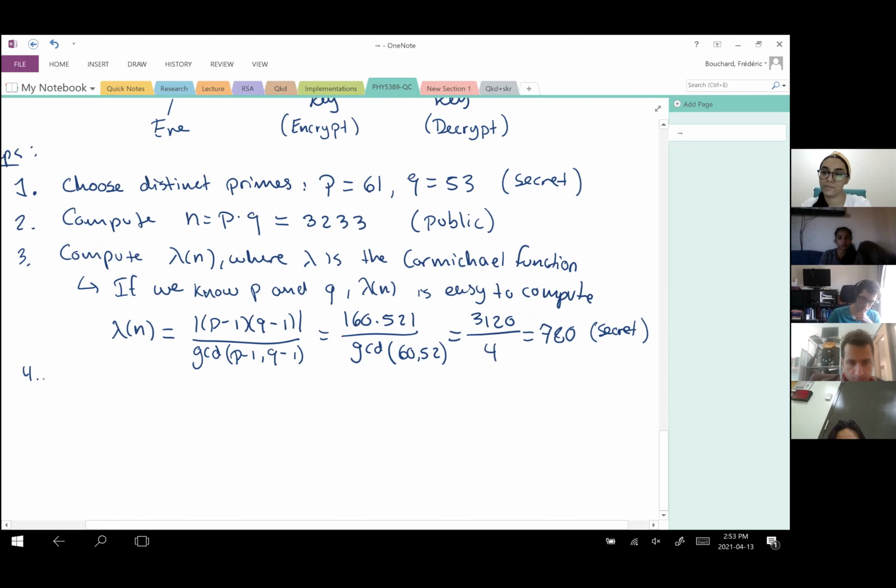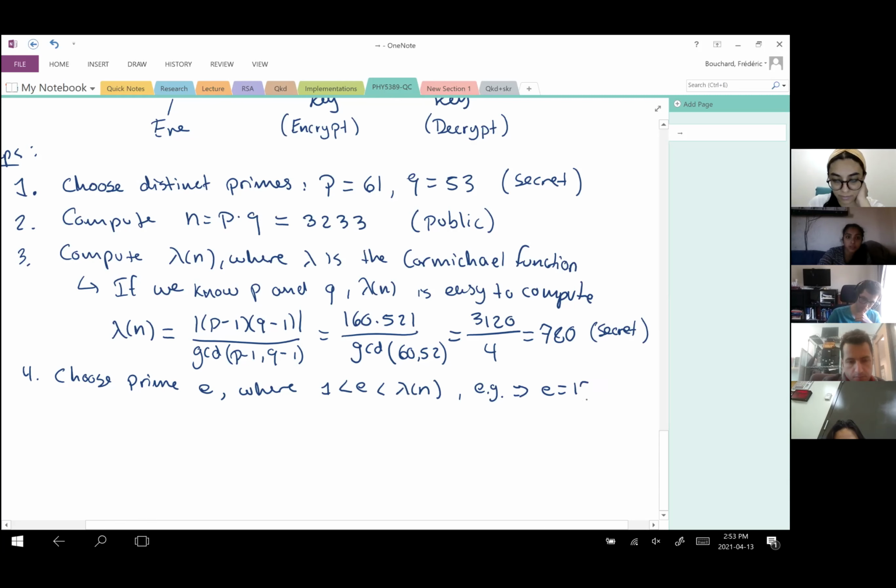Okay, next step. You choose a prime number, prime e, where e is between 1 and lambda of n. So for example, let's take e equals 17. So e is public.